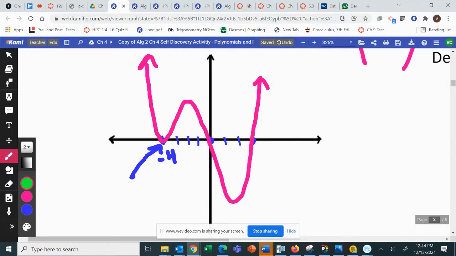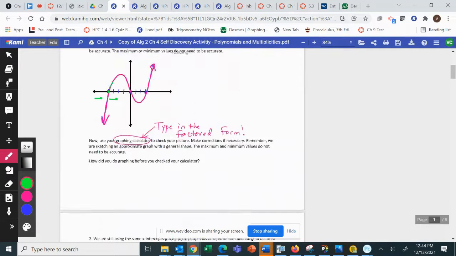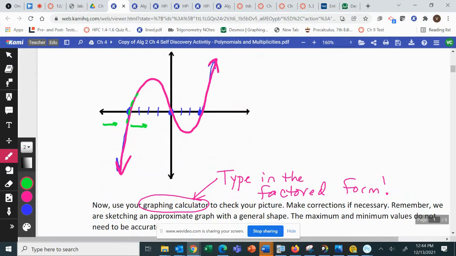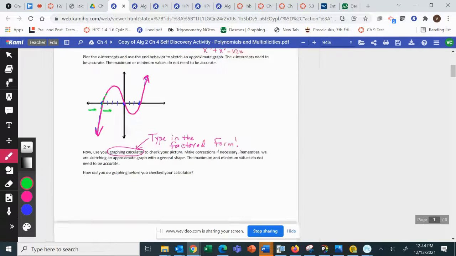So the end behavior changed. But why? Or maybe explain in your own words, what is happening at -4 that is not happening at 0 and is not happening at 3 and didn't happen at any of them here either. We could do another one if you don't quite know how to describe it yet.